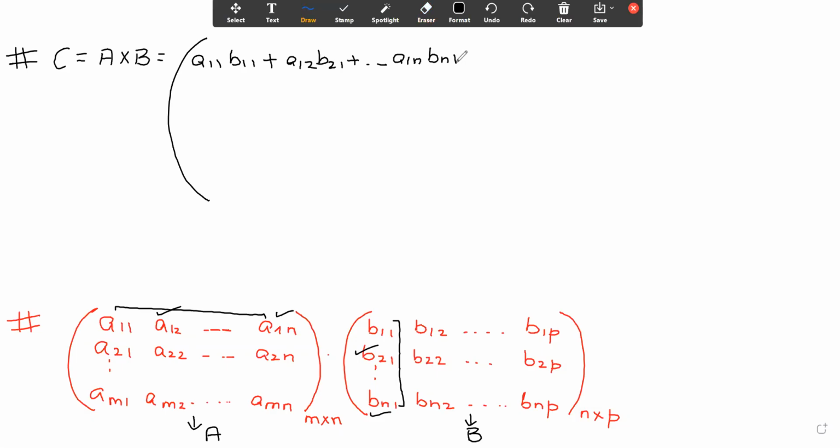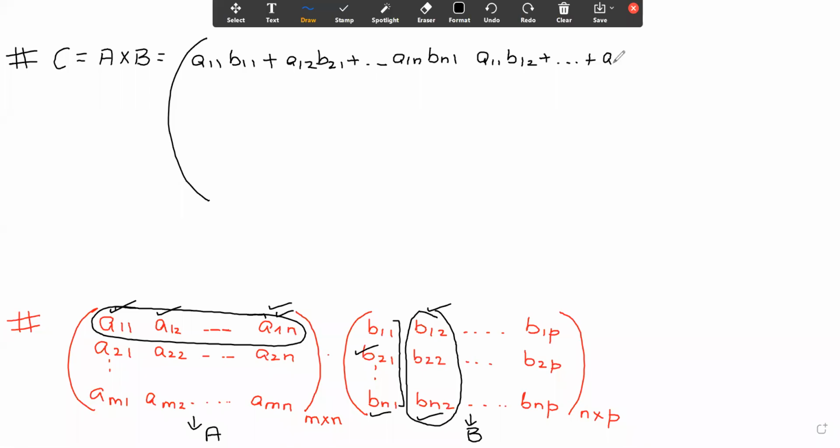Another element will be, again, multiply the first row with the second column. So A11 into B12 plus dot dot dot A1n into Bn2, and I can extend it.